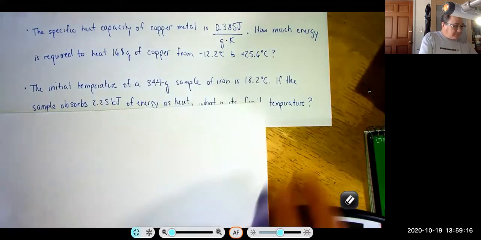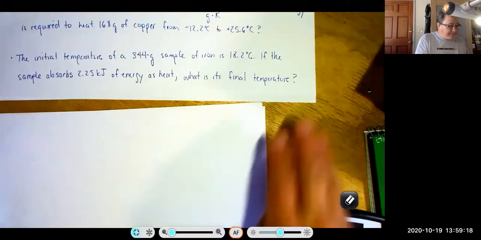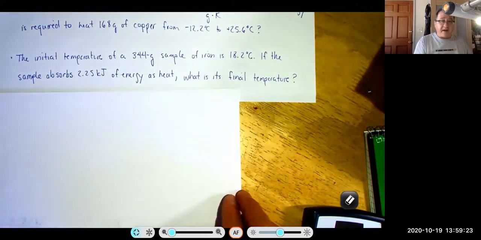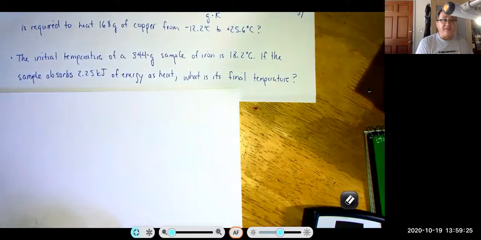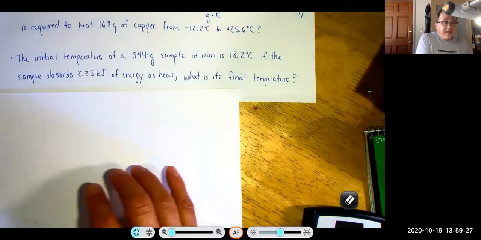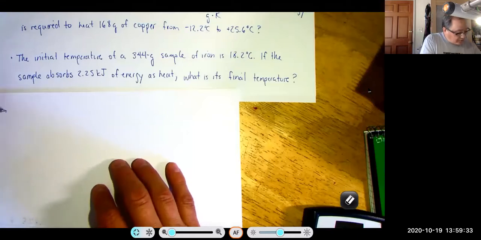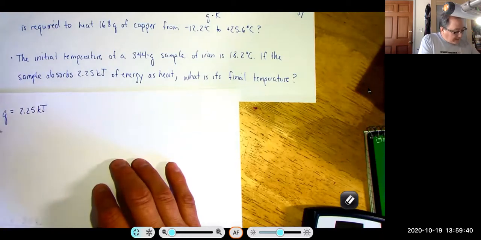The initial temp of a 344 gram sample of iron is 18.2 degrees Celsius. If the sample absorbs 2.25 kilojoules of energy as heat, what is the final temp? So the Q is 2.25 kilojoules. The mass is 344 grams.